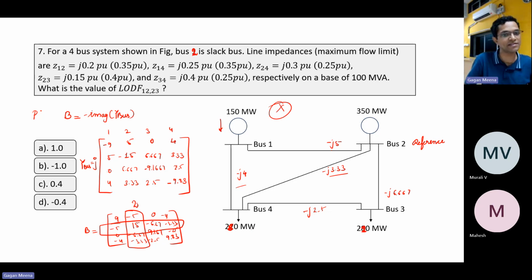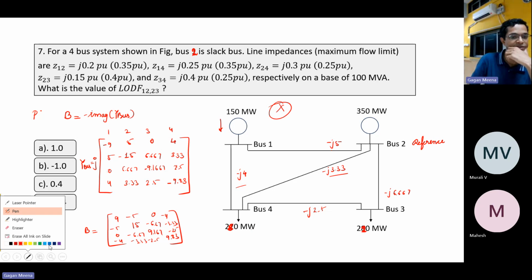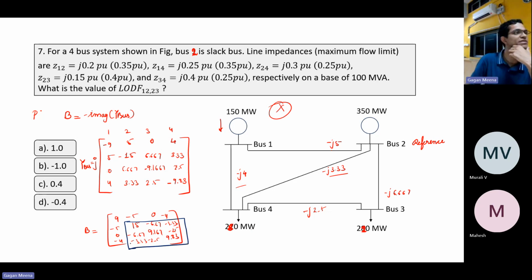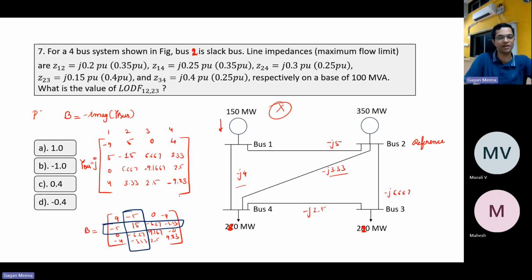Here the slack bus is bus 2, not bus 1. If bus 1 was the slack bus, we would get a 3 by 3 submatrix. But here bus 2 is the reference bus. We need to remove this row and second column. Then the remaining will become the B matrix.